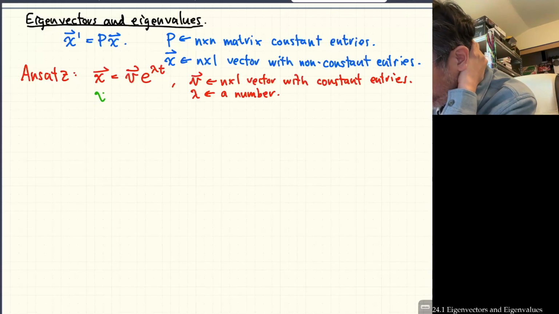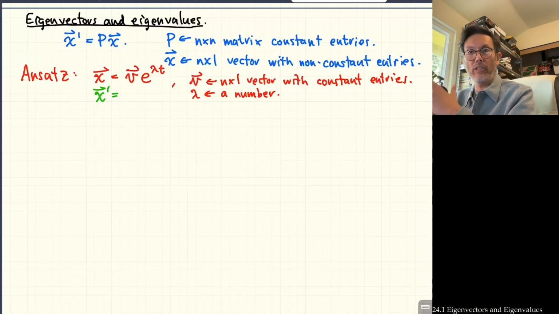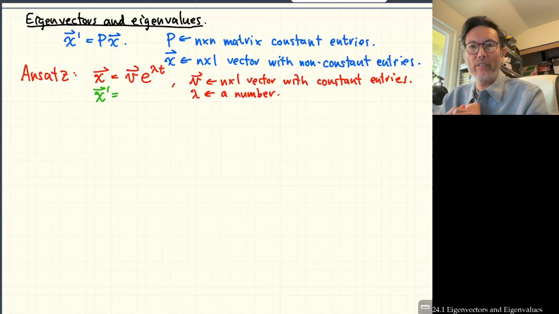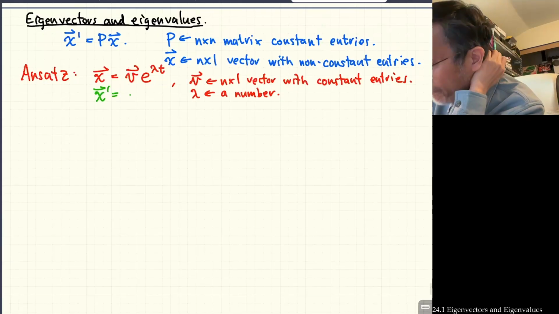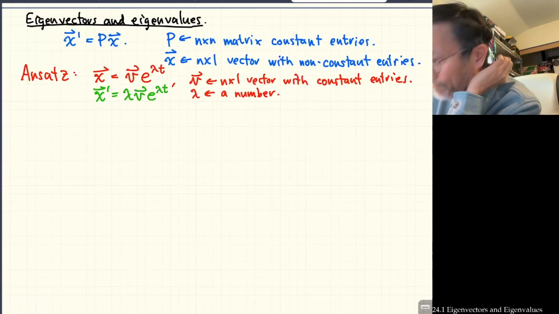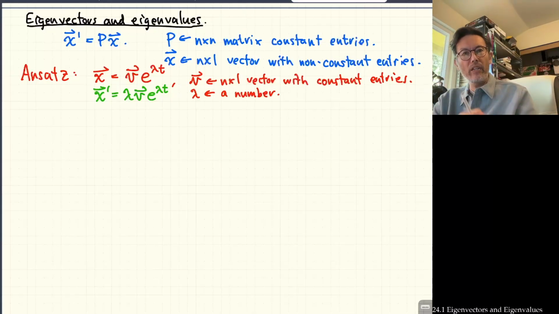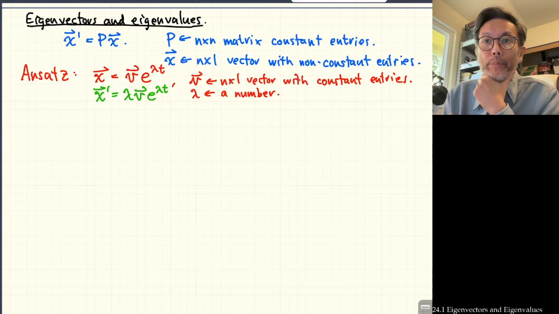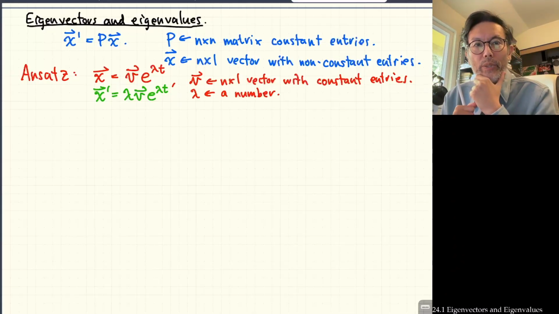Since v is a constant, think of the constant multiple rule; we're not going to mess with that. But the derivative of e to the lambda t by the chain rule is lambda times e to the lambda t. So I just put a lambda out front. That lambda is a constant. Okay, don't get it twisted.